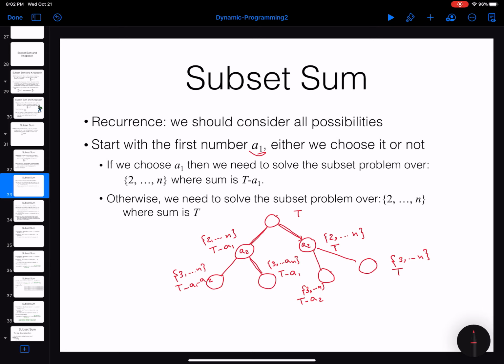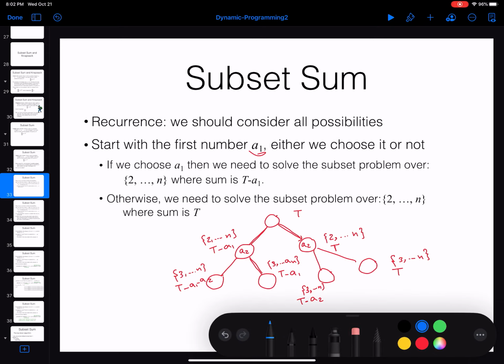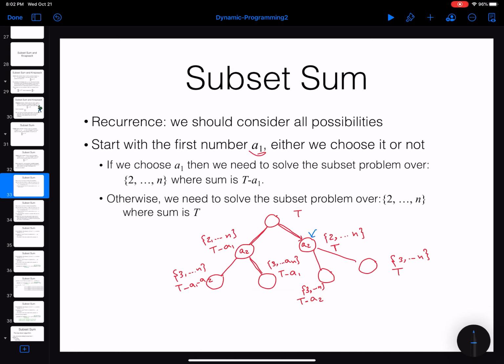But still there is something interesting here. The first thing is, in addition to the set of items, we can see that each of these nodes is in fact a subset sum problem, right? But it has different parameters.